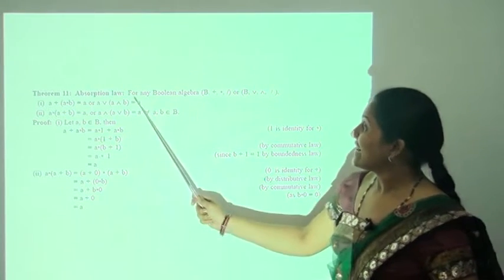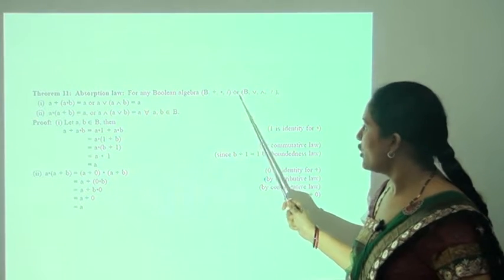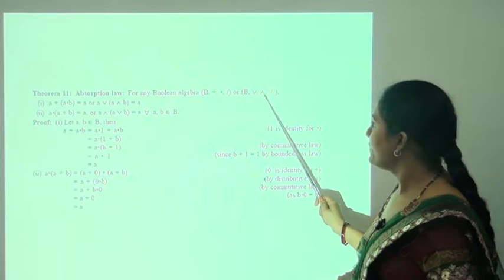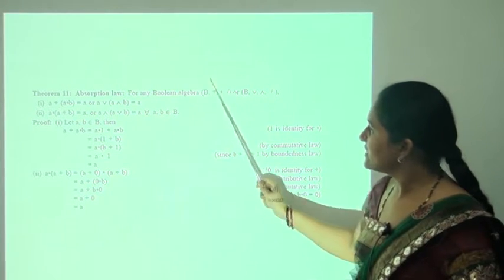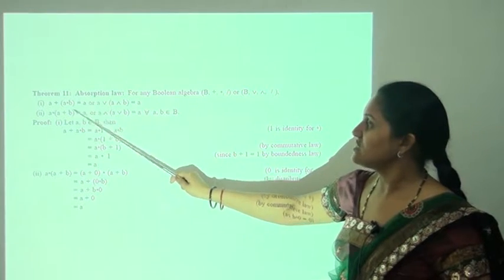Here, for any Boolean algebra B, plus, dot, complement, or B, join, meet and complement, these two conditions are called Boolean laws.